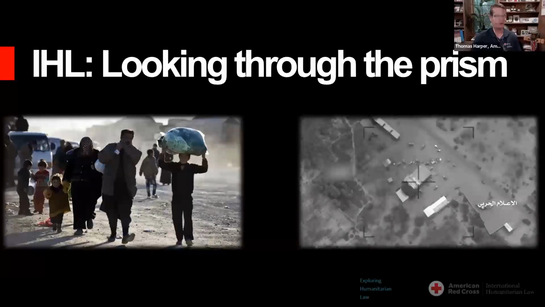We wanted to preserve humanity for a variety of reasons, because it was the right thing to do, because not abiding by these rules and flouting them would really degrade and make it more difficult for us to accomplish our mission. Certainly we were there at the invitation of the Afghan government, and violating IHL repeatedly is a quick way to get yourself kicked out of a country and have your mission end.